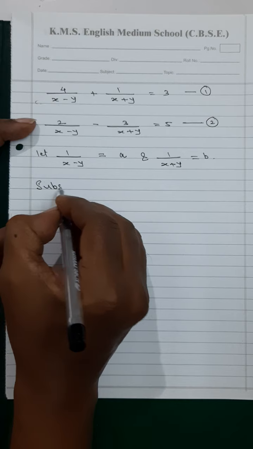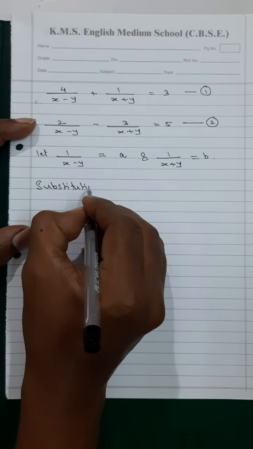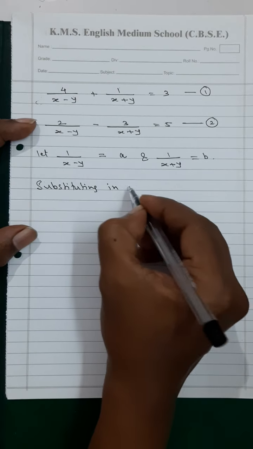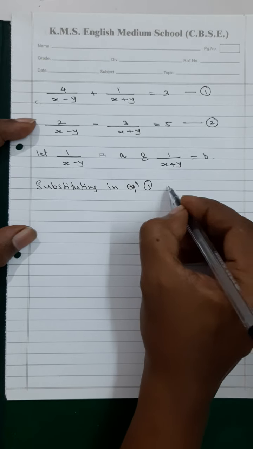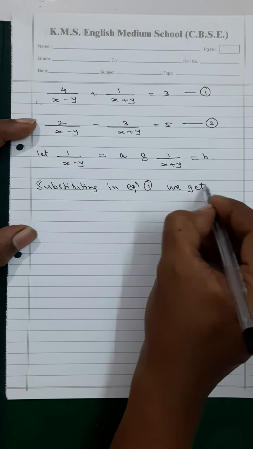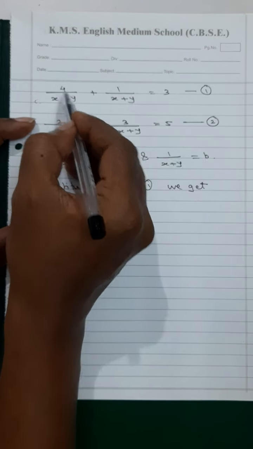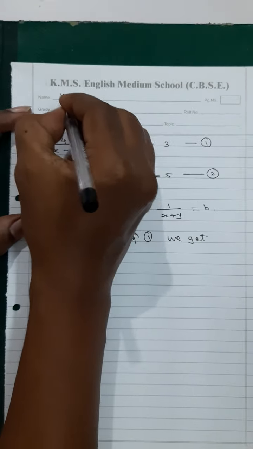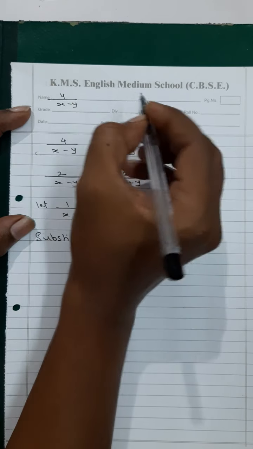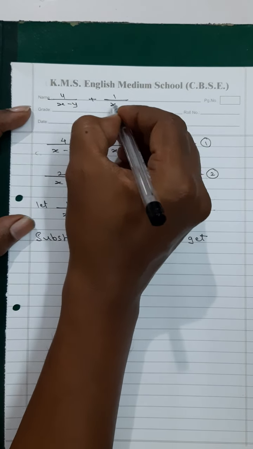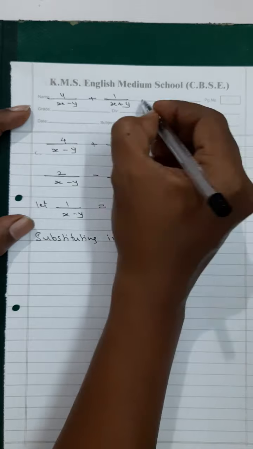Substituting in equation 1, we get, try to understand, it is like this: 4 upon x minus y plus 1 upon x plus y is equal to 3.